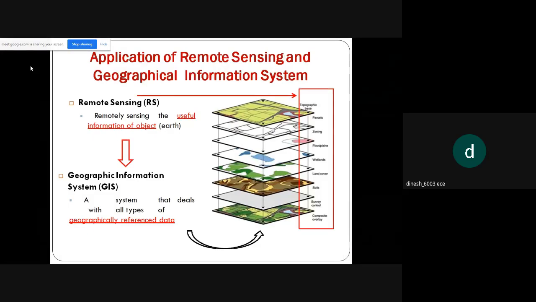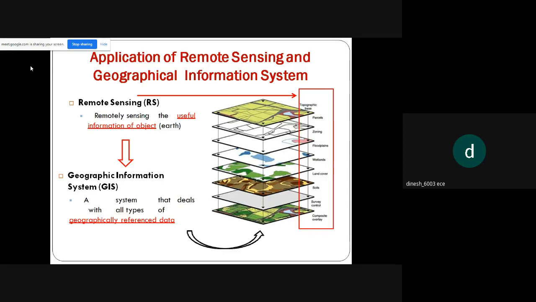So let us define remote sensing. Remote sensing is what? Its principle is that it senses the useful information of any objects present on the earth. You can see the different composite overlays: survey controls, soils, land cover, wetlands, floodplains, zoning, parcels, topographic bases.